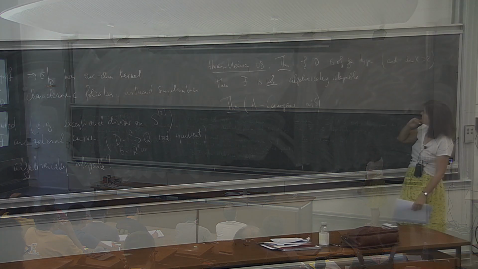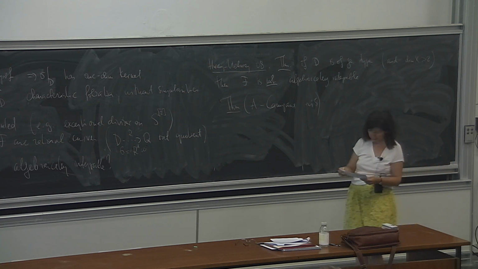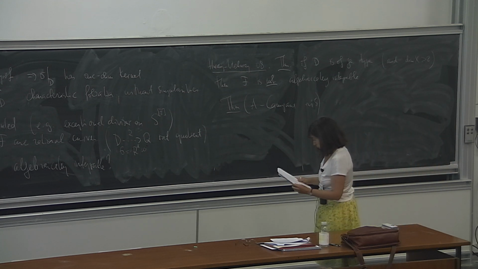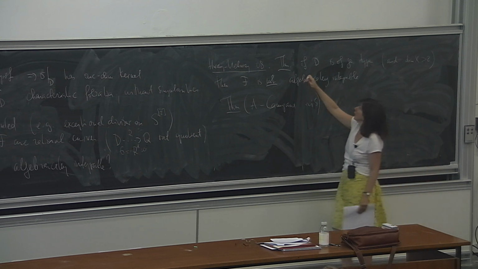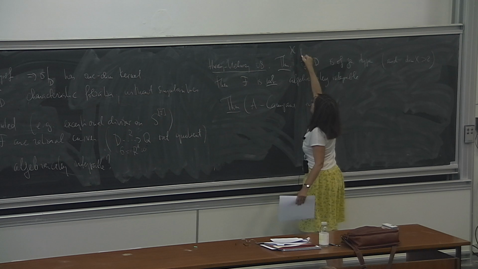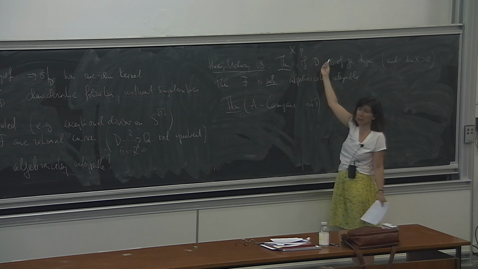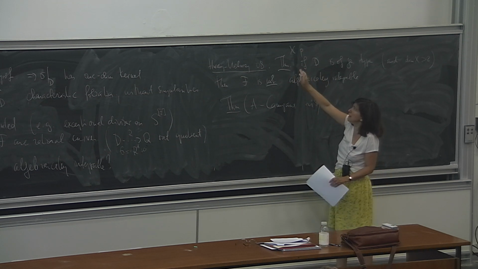We classified the situations when F is algebraically integrable. Oh, sorry, I forgot to mention that in both theorems, by Huang and Vivek and by myself and Campana, X is projective.